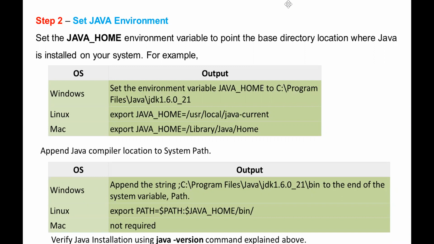For Linux and Mac it is not required to set up the path, since it is set automatically when JDK 1.6 is installed. So no need to set it up on the Mac operating system. If you are using Linux, we can set the path as PATH=$PATH:$JAVA_HOME/bin.